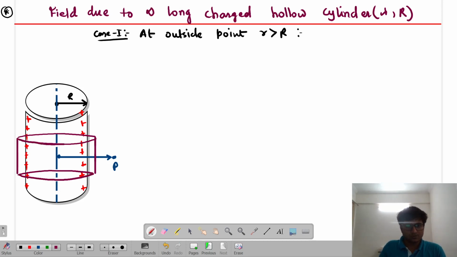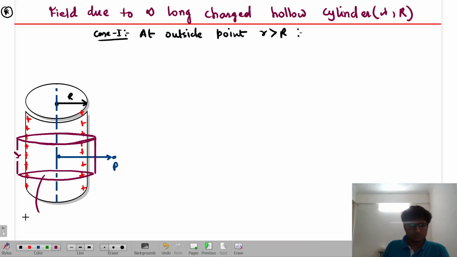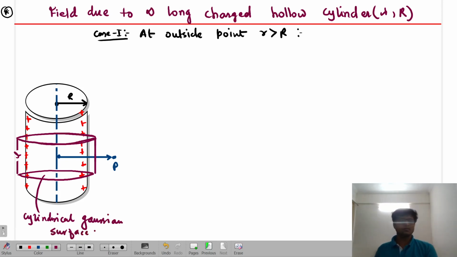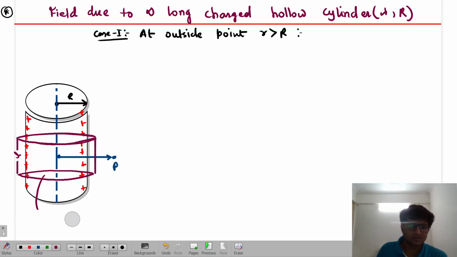Is that clear now? So you got the idea of how to enclose a cylinder? Consider a Gaussian surface of length L. This Gaussian surface is itself a cylinder, so write it down: cylindrical Gaussian surface. Did you understand?